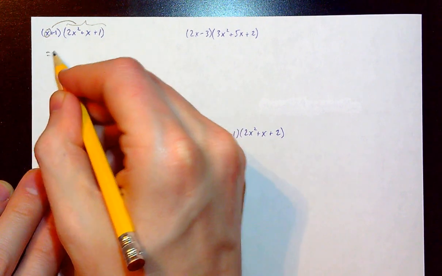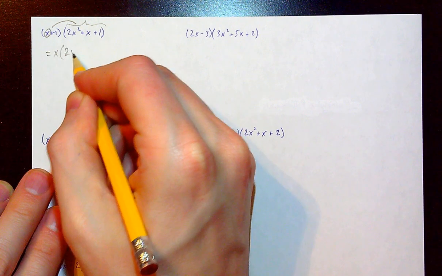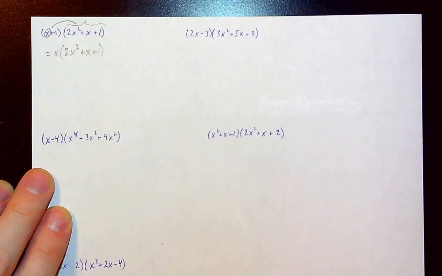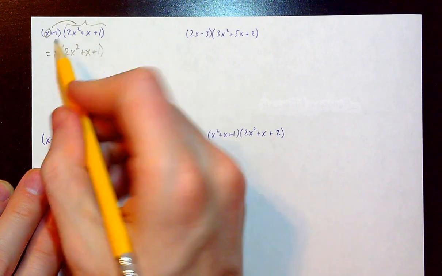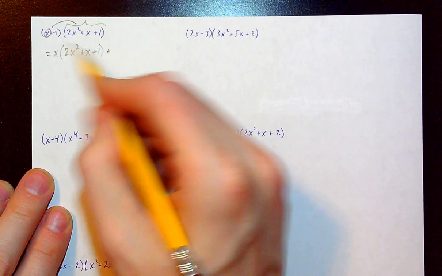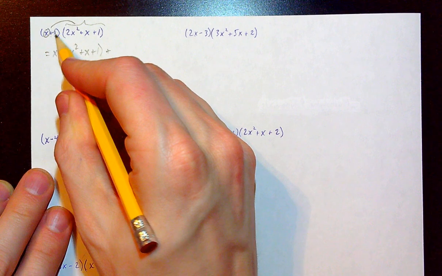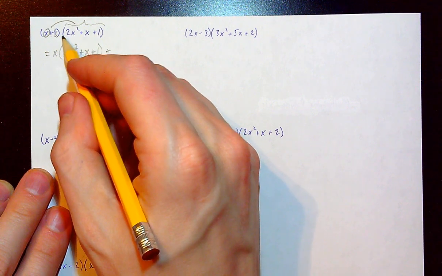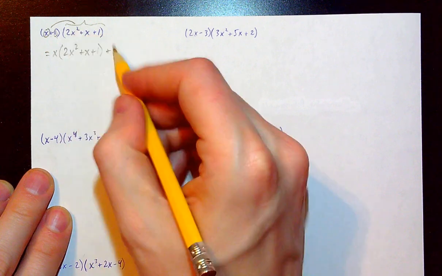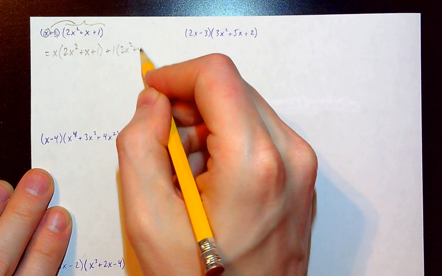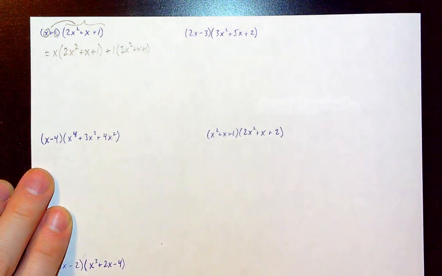So that's going to give me x times 2x squared plus x plus 1. Then, again, we have a plus sign here, plus, and then the second term being distributed to the entire second polynomial. So plus 1 times 2x squared plus x plus 1.